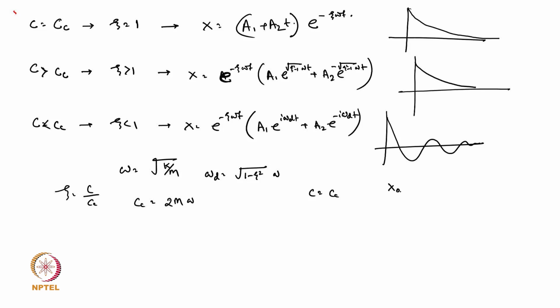In all the cases the initial conditions are x0 and x dot 0. So these are the simple assumptions. If my x is equal to (A1 plus A2 t) into e to the power of minus xi omega t, what will be my x dot? How to calculate it?